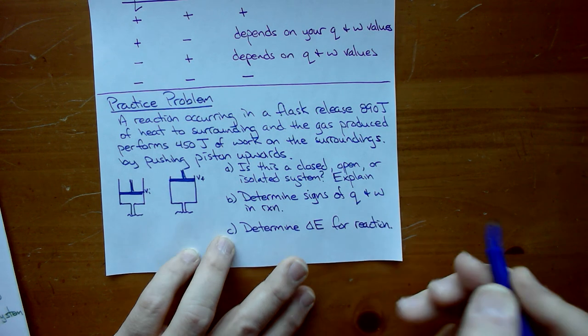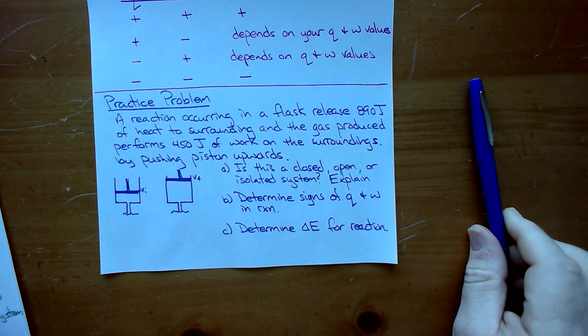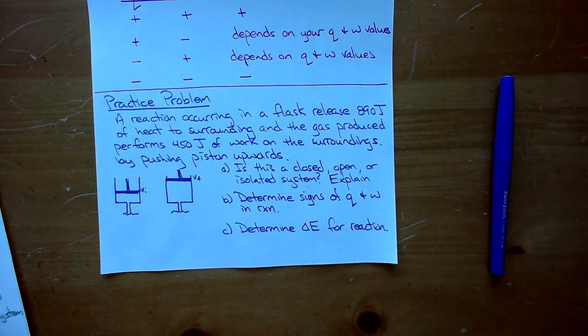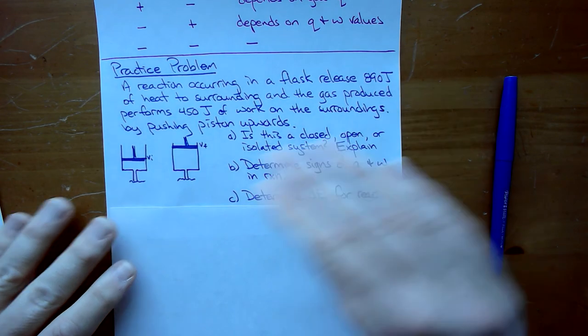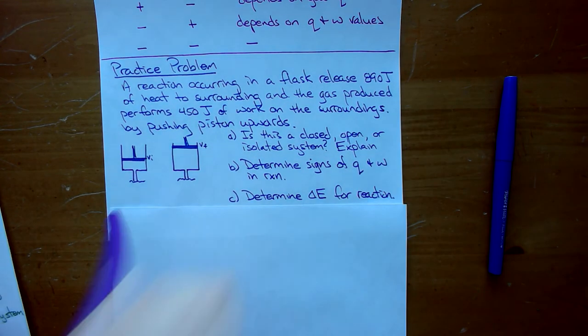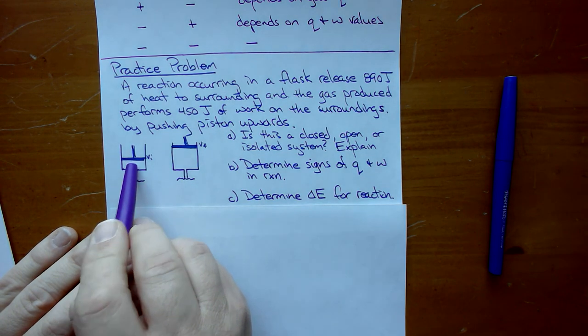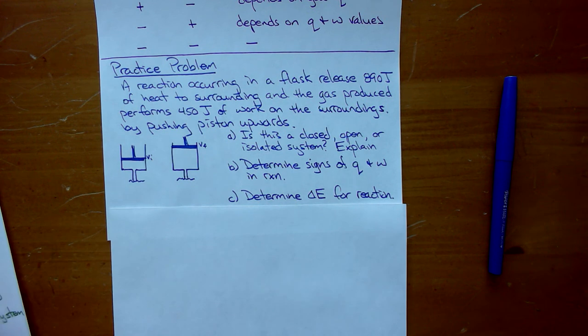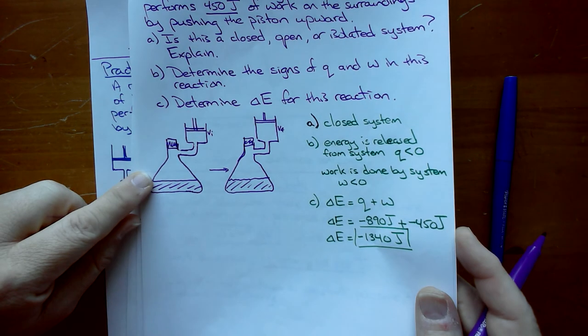Okay, so first thing is, is it an open or closed system? So when I look at this, it's not open, it's closed, because the flask that I'm not showing is a closed flask, and this is just a tube that takes it to the piston. If you want to look at it, I've got it drawn right here. So it looks like this, so we know it's closed.